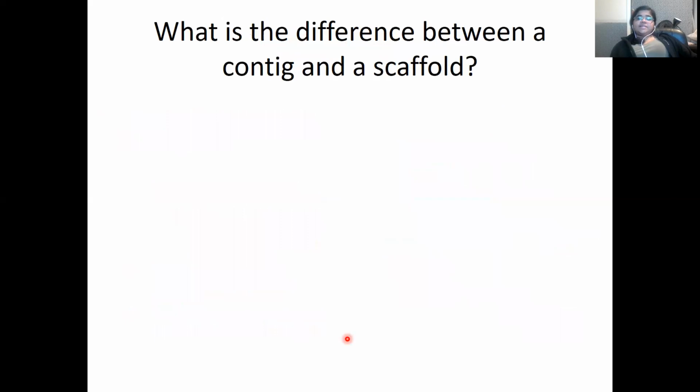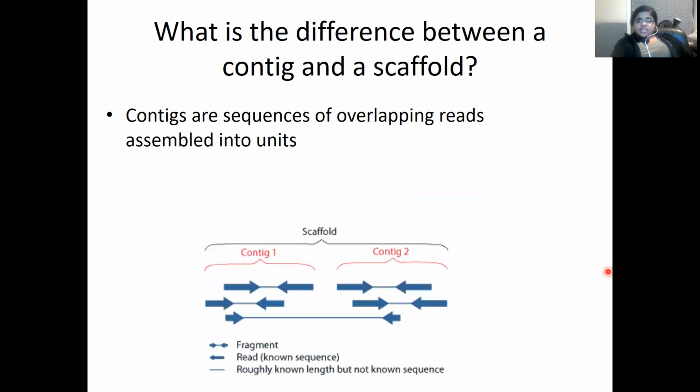So what is the difference between a contig and a scaffold? We know that contigs are sequences of overlapping reads that are assembled into units. So we have certain sequences that overlap and they are separately assembled.